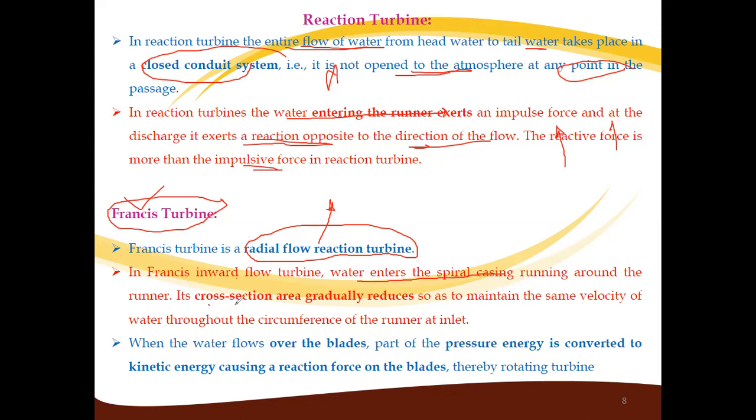The casing cross-sectional area gradually reduces so as to maintain the same velocity of water throughout its circumference. When water flows over the blades, part of the pressure energy gets converted into kinetic energy, which causes a reaction force on the blades, and because of this reaction force, the turbine rotor or runner gets rotated.